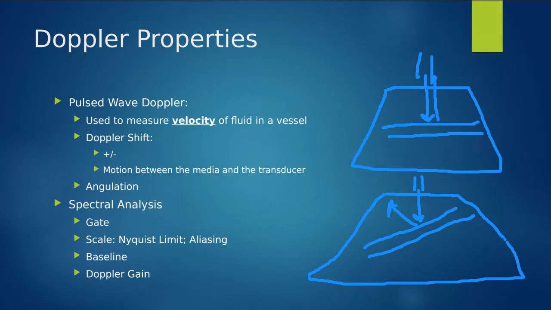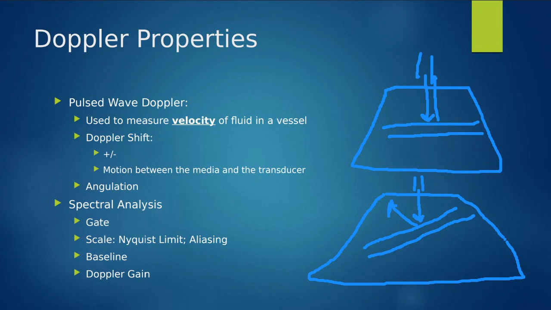So that is what we call our spectral analysis. That is where we are looking at the waveform and we are going to analyze that pattern. We're going to analyze how that waveform is appearing as we are Dopplering. The waveform itself, as it shows up, is in our spectral window. Okay, so we're looking at the waveform in the spectral window that is showing up on our spectral analysis.